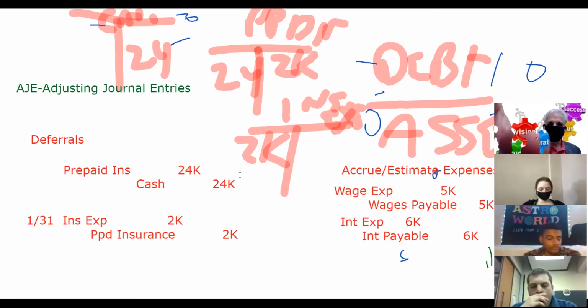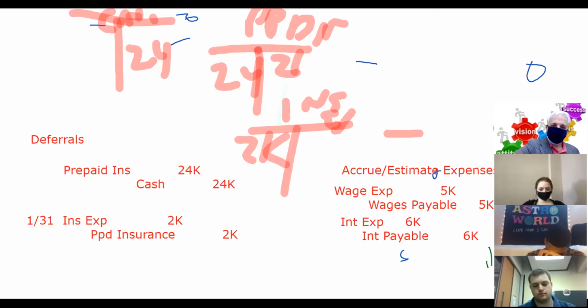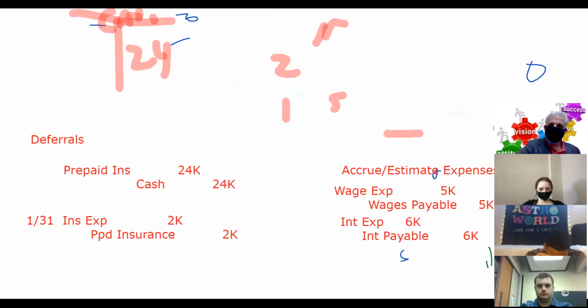I'm going to make another journal entry because I got a deposit. I'm an accountant or an attorney or an architect, and a customer gave me cash to the tune of $20,000.